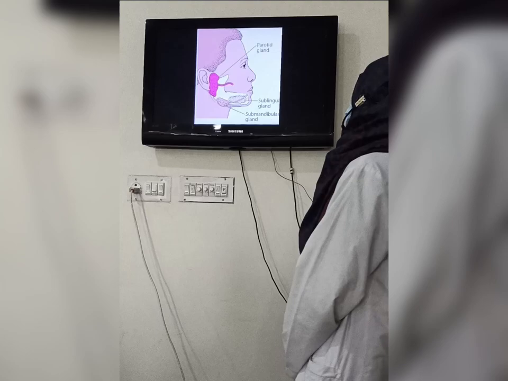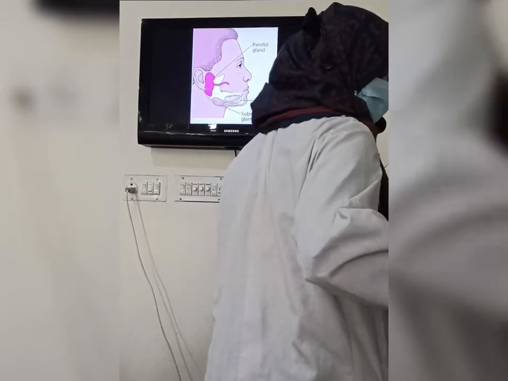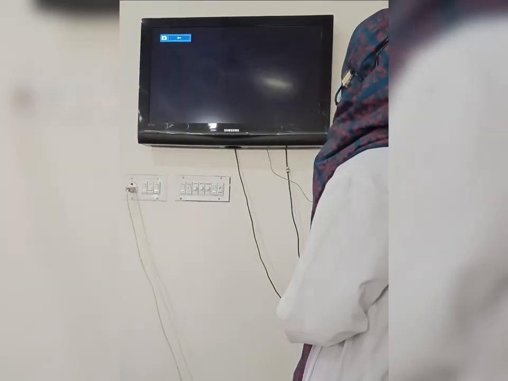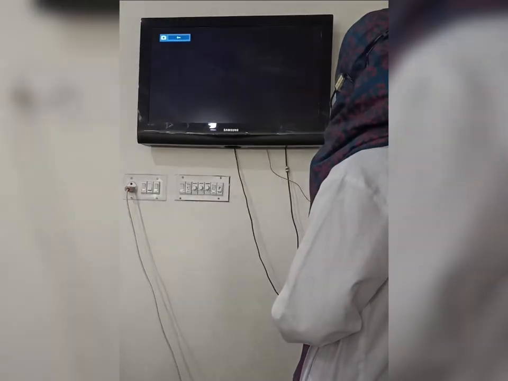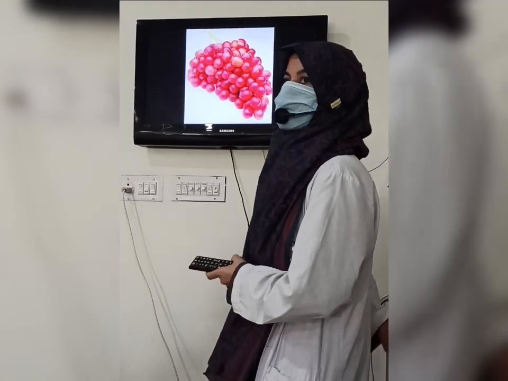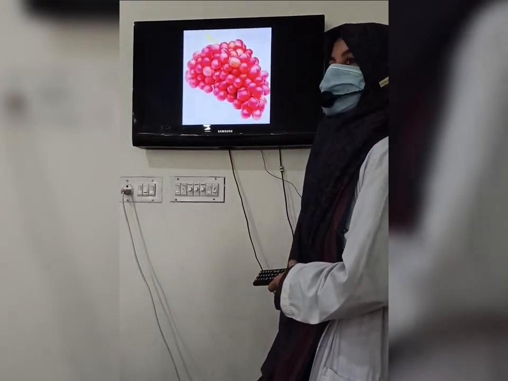Let me explain the features with the help of another diagram. You are looking at a bunch of grapes.